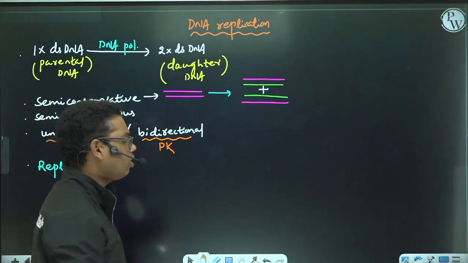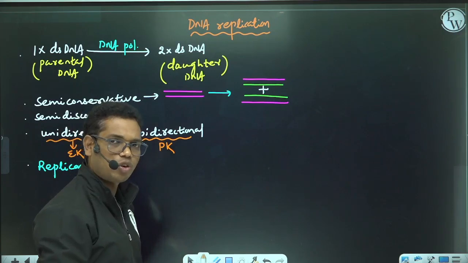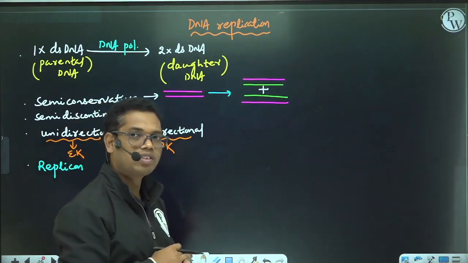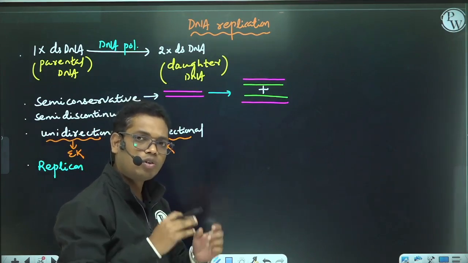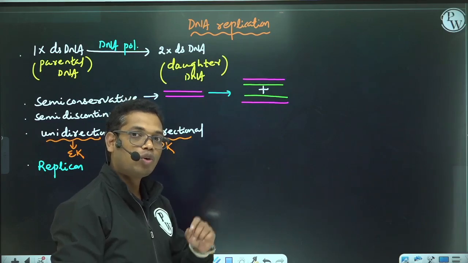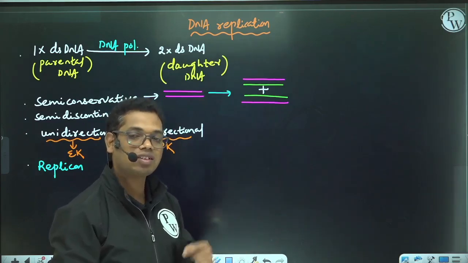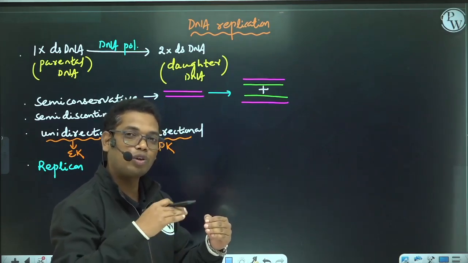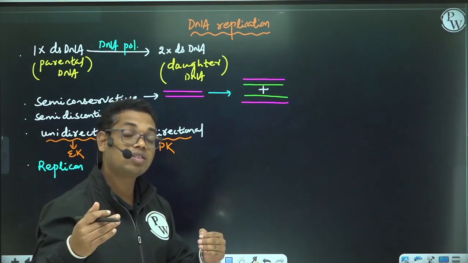What do you understand by semi-discontinuous? See, replication is always semi-discontinuous. When the DNA molecule is synthesized, two new DNA molecules are formed, and in each, one strand is parental, one is newly synthesized. Whenever new strands are synthesized, one strand will be synthesized continuously, while the other will be synthesized discontinuously.